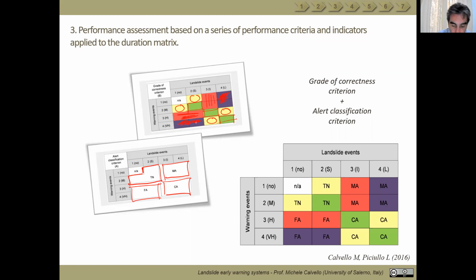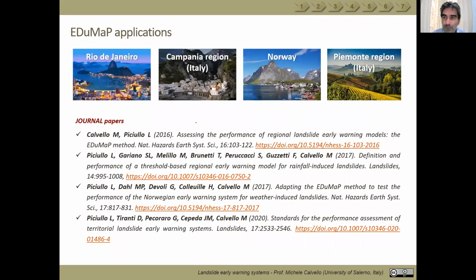You define some assessment criteria for judging whether in parts or in subparts of your table things are going well or are not going well. And once you have those, you can go with some performance indicators and decide whether your system is performing well or not. Okay, I think that's enough.